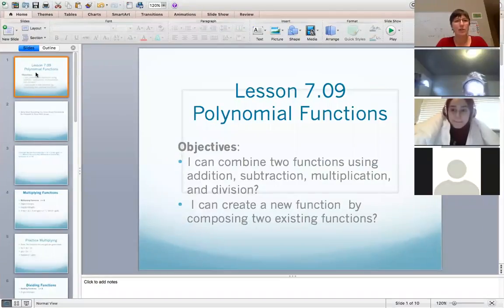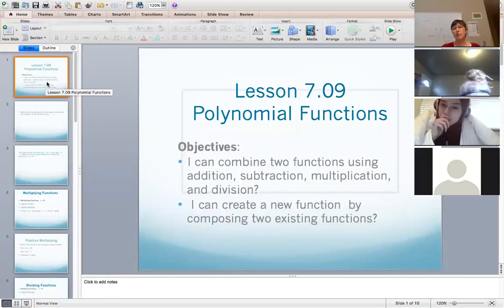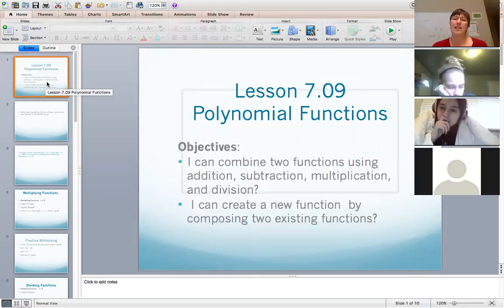So what we're doing this morning is we're going to be reviewing lesson 709, which is polynomial functions. I don't know if you've done that one yet. I know at least one of you has, and I think there's some confusion with the lesson, so that's why I wanted to spend some time going over it.